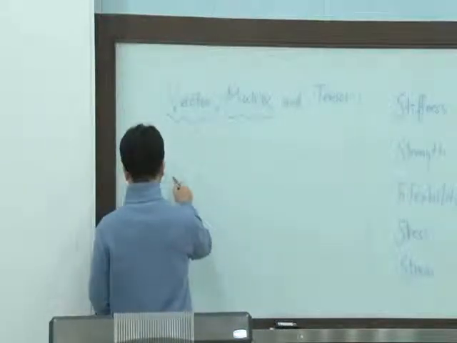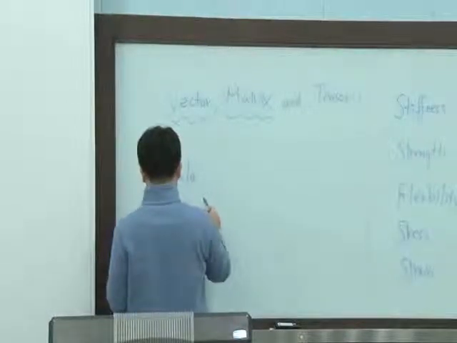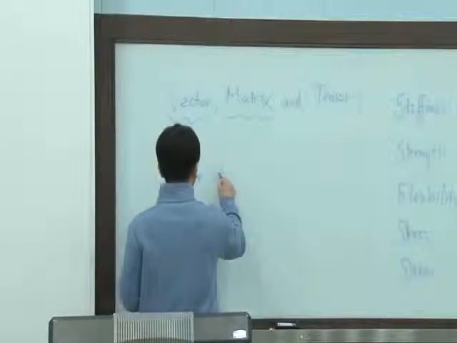Scalar is the most basic thing. Let's say there is a scalar alpha.